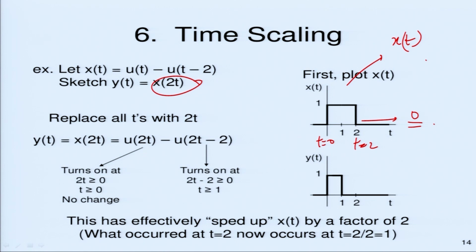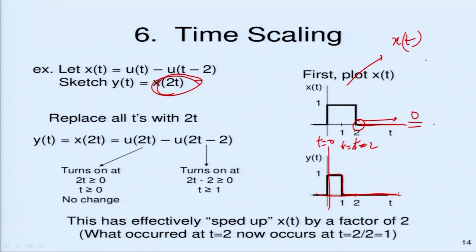When you multiply by 2, the time will reduce to half, because you have sped up. Earlier in the basic signal, the signal was getting 0 at t equal to 2 seconds.